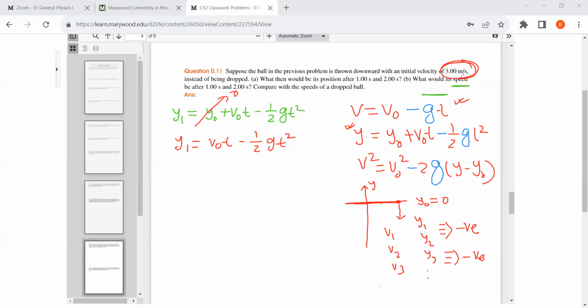So v0 is minus 3 meters per second. That we have to substitute. So v0 is not just 3 meters per second, it's minus 3 meters per second, because when you throw something downward, it goes in the negative direction in our convention. Once you know that, the rest of the things are easy.